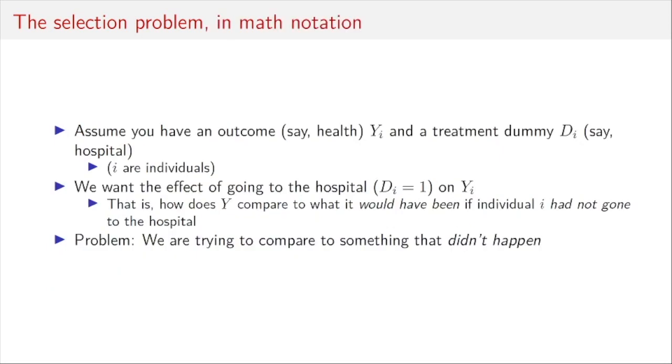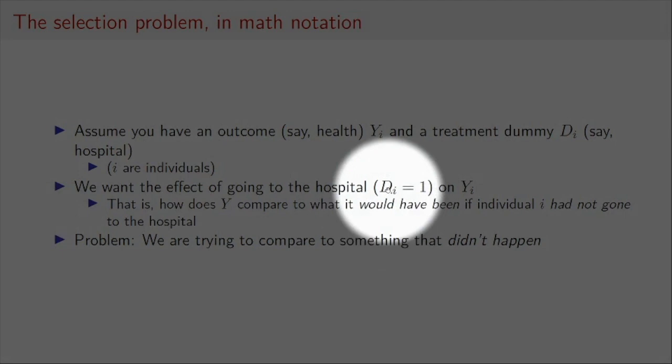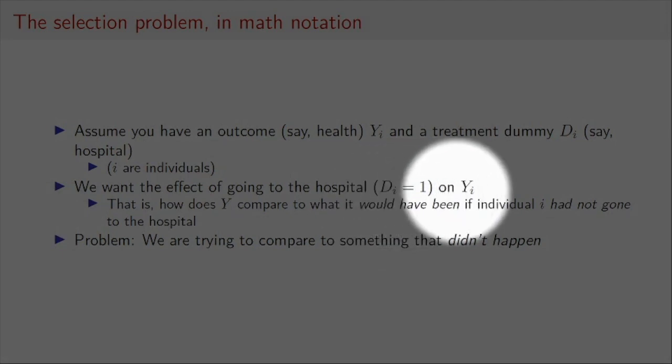Let us continue with this example and define some notation. Assume you have an outcome y_i, let's say that is health of individual i, and a treatment dummy d_i, let's say it's having gone to the hospital or having not gone to the hospital. Formally, what we want is the effect of d_i equals 1 on y_i.